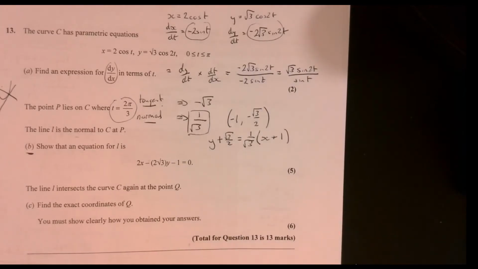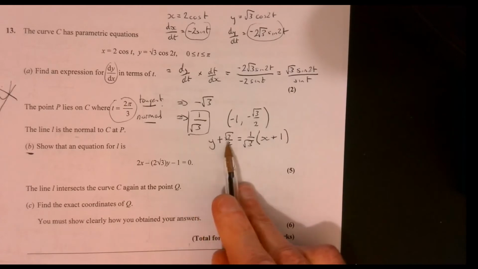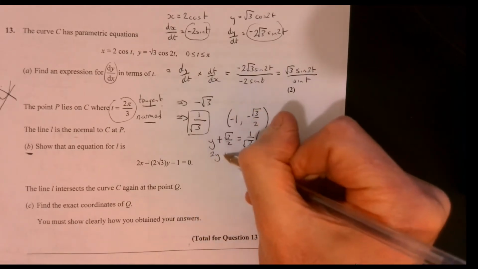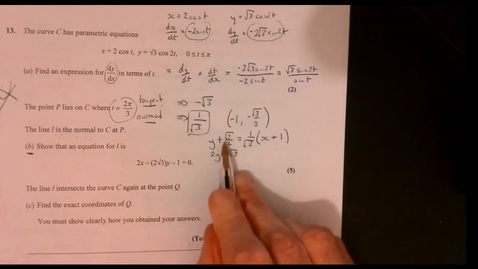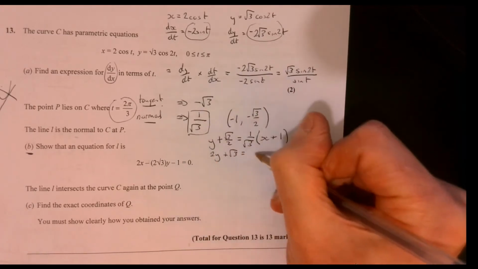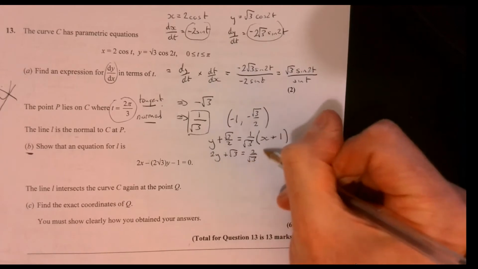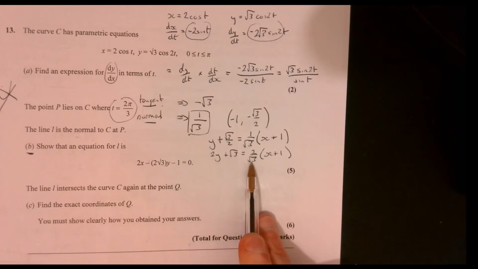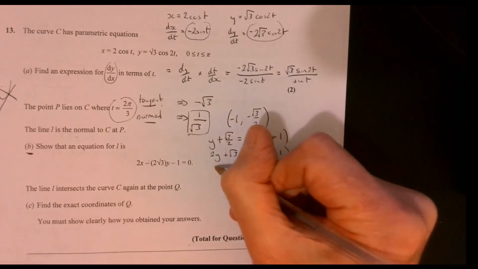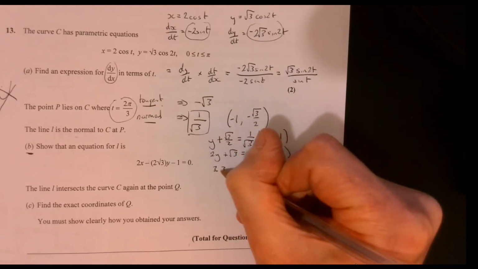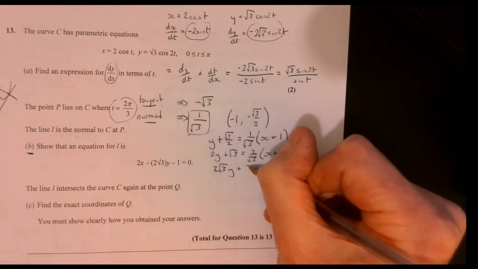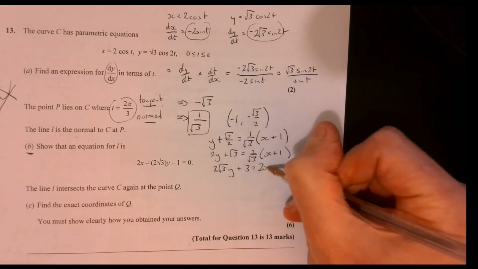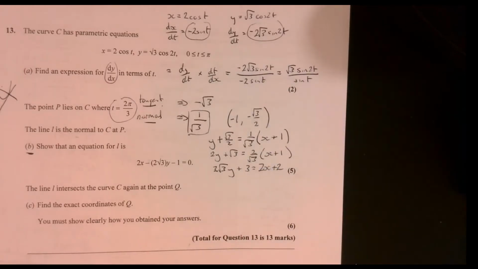So probably the best thing to do here, let's multiply everything by 2, just to get rid of that 2 just there, and that's going to give us x plus 1 over here, and then multiply everything by root 3, so we don't have that as a fraction. So 2 root 3y plus 3, and then I'll multiply out what's left over here, 2x plus 2.